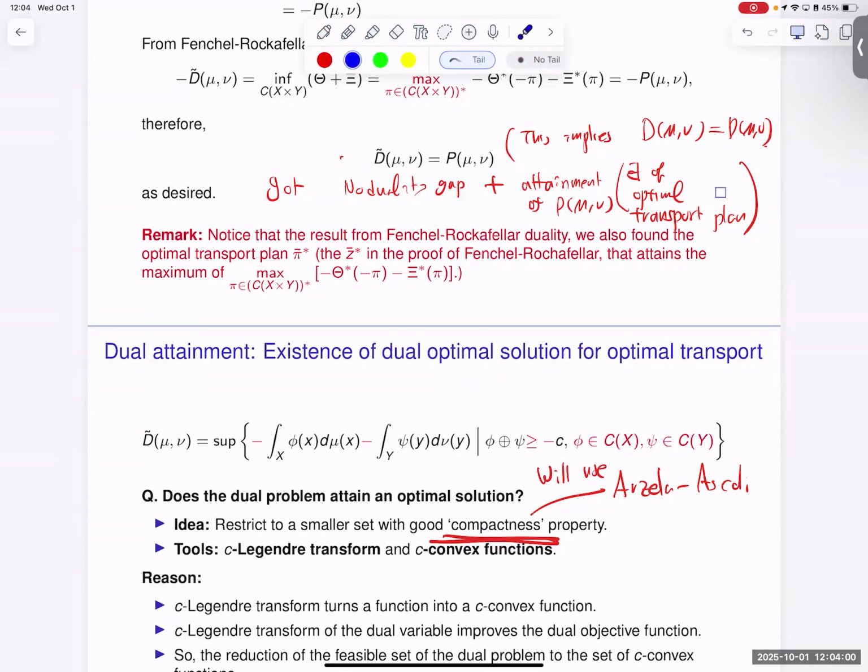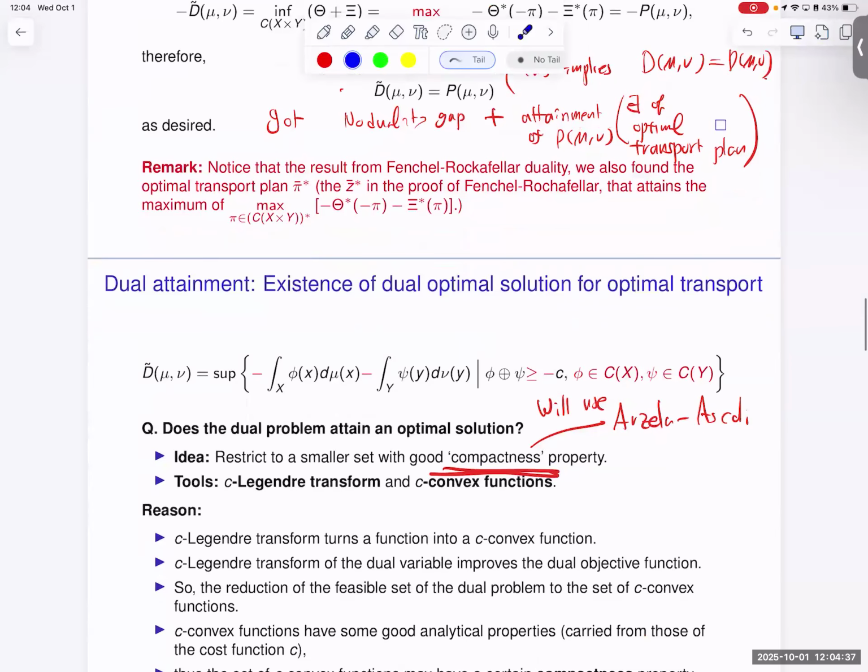And then, of course, these continuous functions do not have such properties from Arzelà-Ascoli. The important fact is that this supremum problem over all continuous functions can be further restricted to a certain special class of functions which satisfy the conditions of Arzelà-Ascoli.